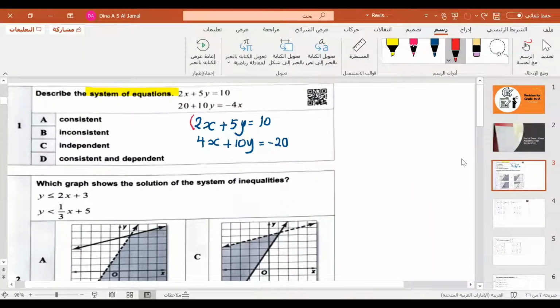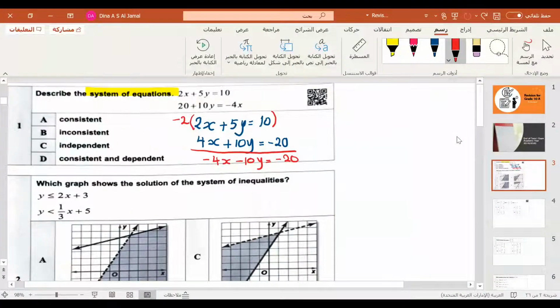x, but you need to multiply everything by minus 2. So your new equations will be minus 4x minus 10y equal to minus 20.